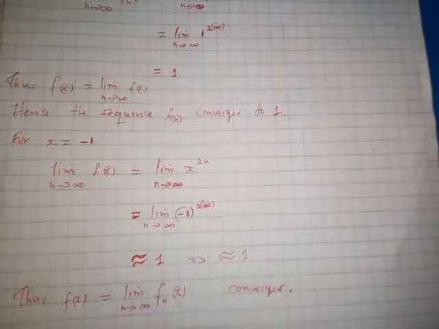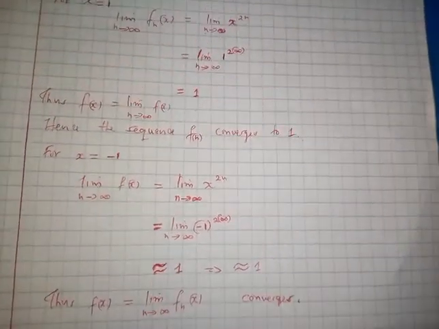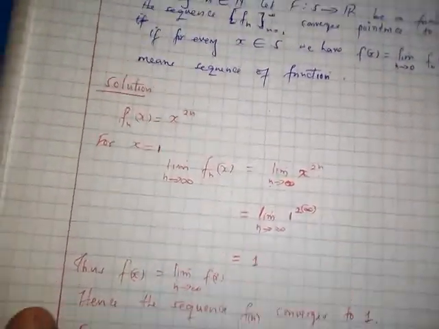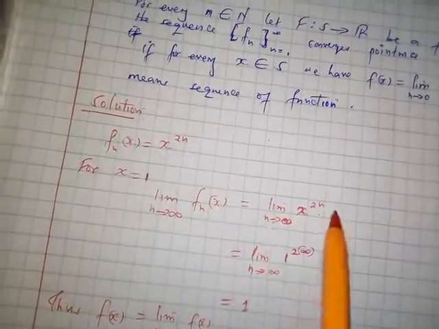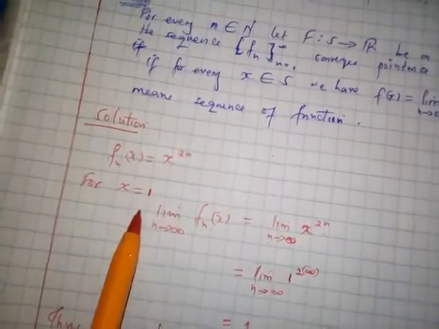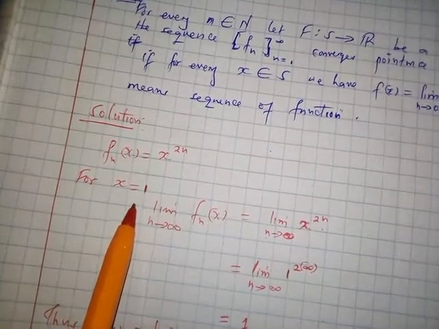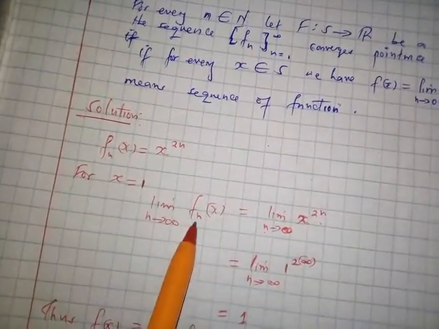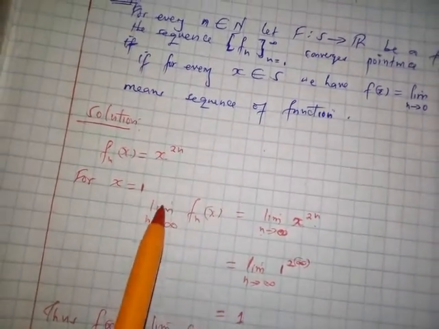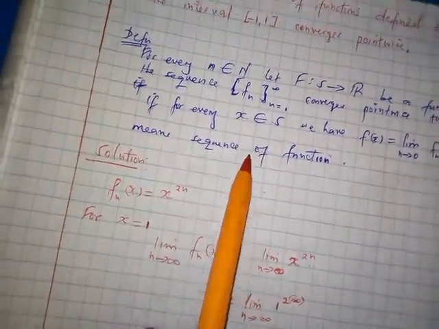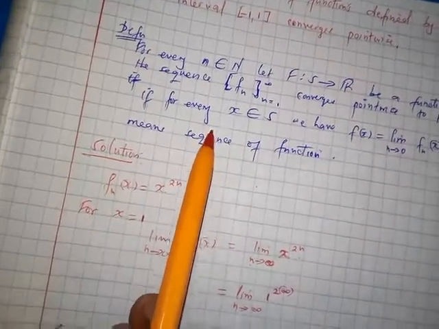So it's very easy, as you can see. You just plug in where there is x, find the limit, and substitute x in the equation f_n(x) with the values given in the interval.